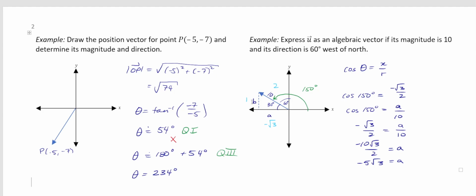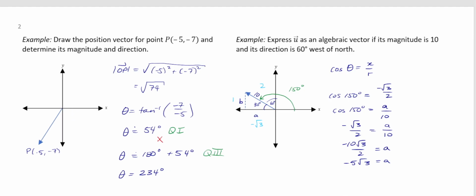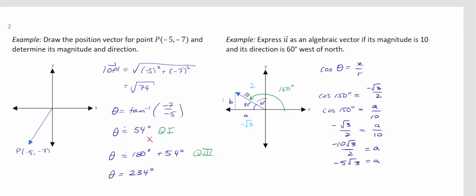Now I need to find my b component. And so to find my b component, I'm going to take advantage of the sine trigonometric ratio. Sine theta is defined as y over r. So similarly, in this case, my theta is 150 degrees.